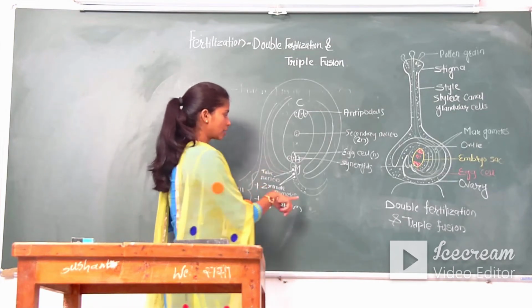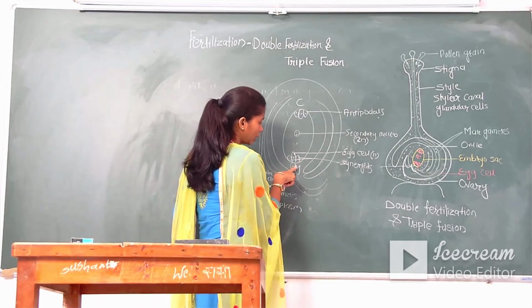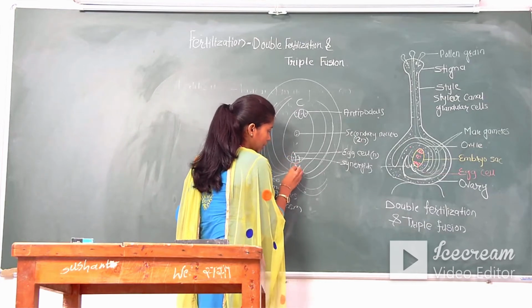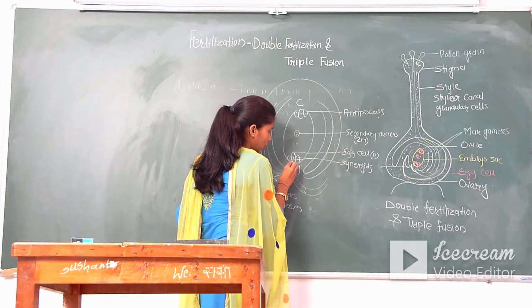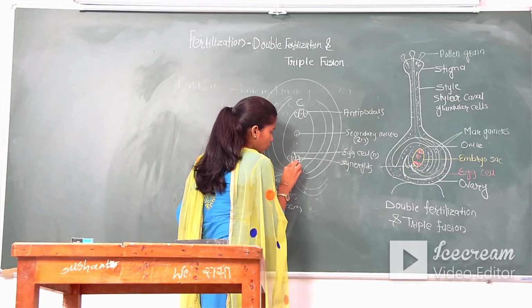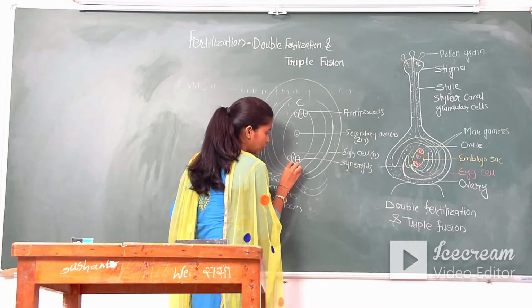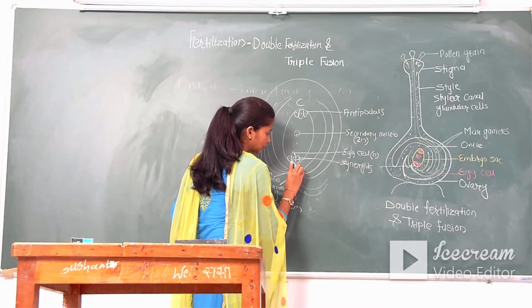Now, as soon as this pollen tube enters the ovule through the micropyle, it directly goes to one of the synergids. That means it will rupture the wall of the synergid.